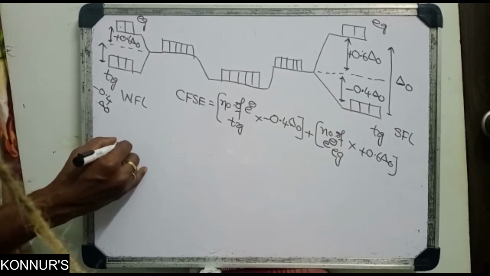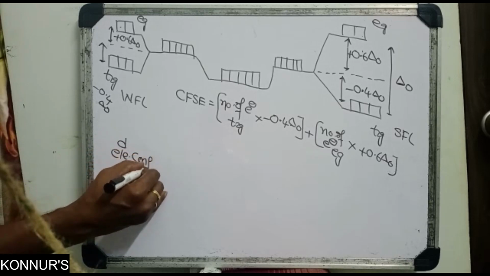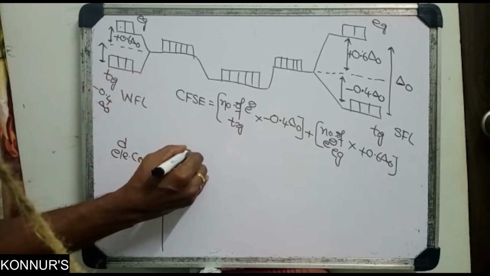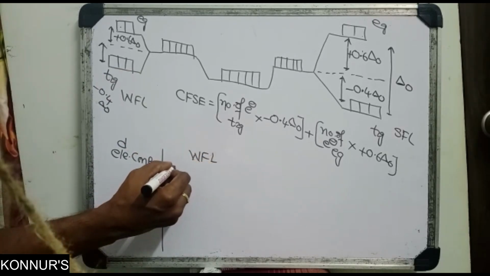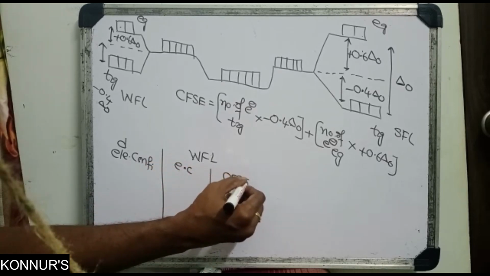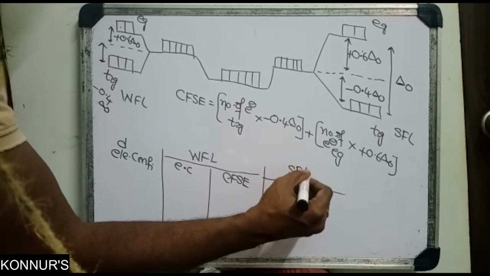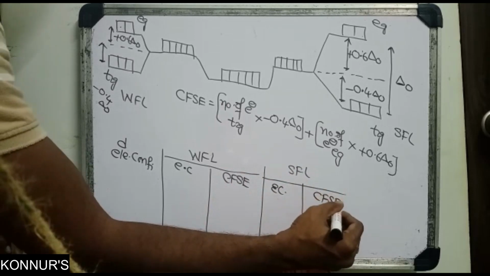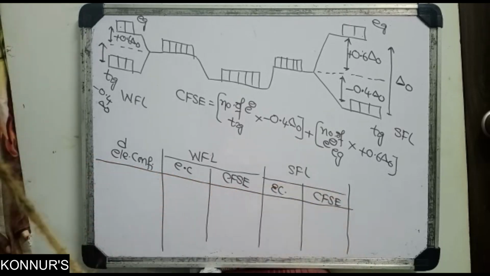Here, the d electronic configuration: in the presence of a weak field ligand, the electronic configuration and CFSE value. Next, for a strong field ligand, the electronic configuration and CFSE values. These are important for NEET and JEE Mains also.